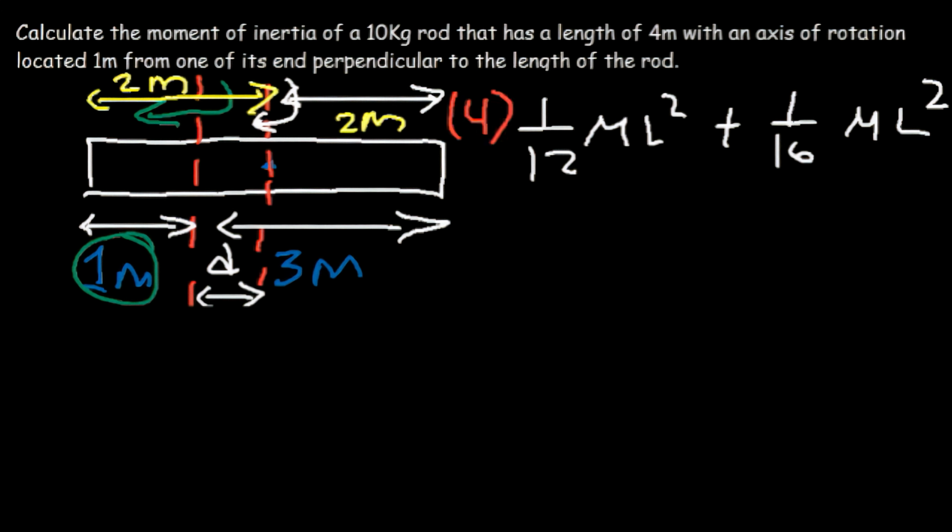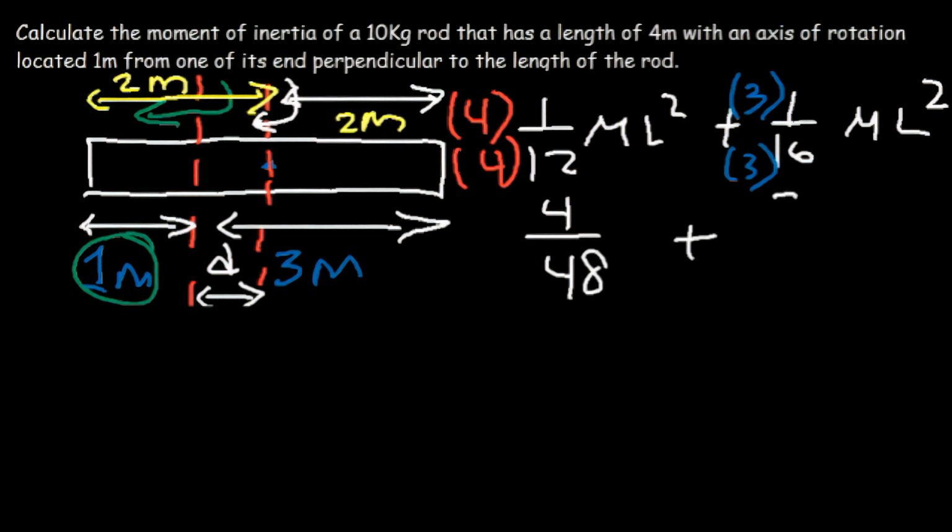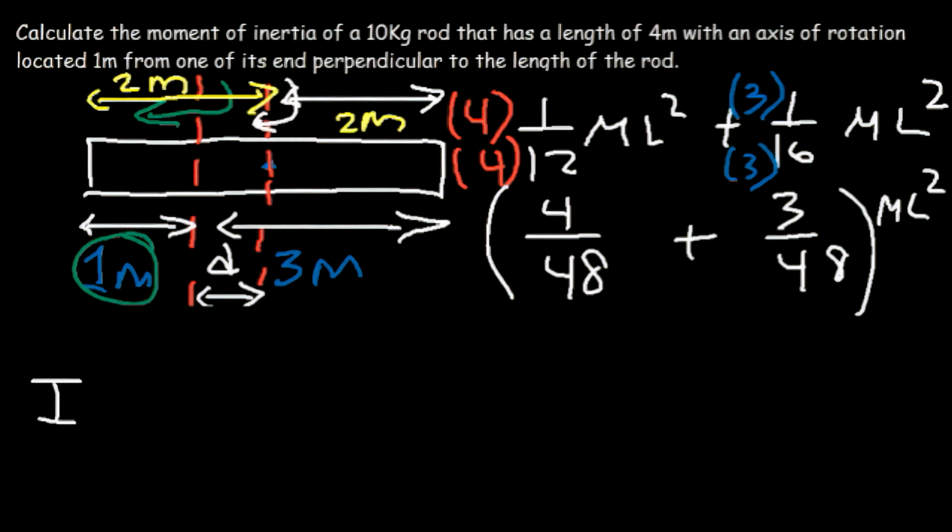So let's multiply 1/12 by 4/4 and 1/16 by 3/3. So this is going to be 4/48 plus 3/48, and of course times ml squared. So the inertia at the new axis of rotation is 4 plus 3, which is 7/48 times ml squared.